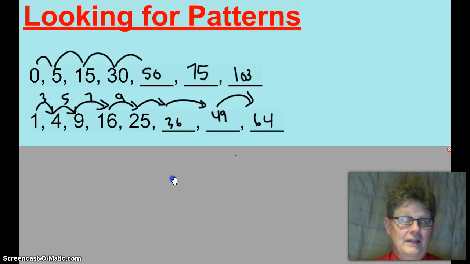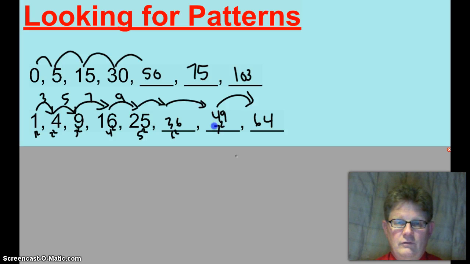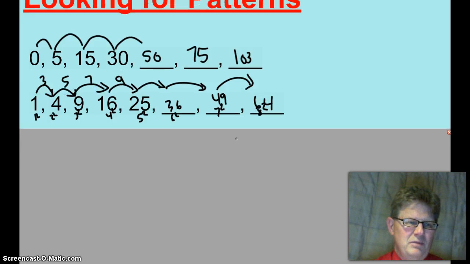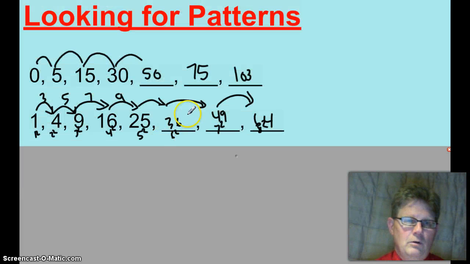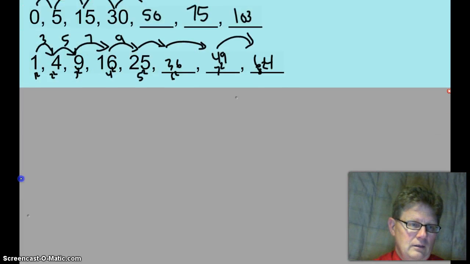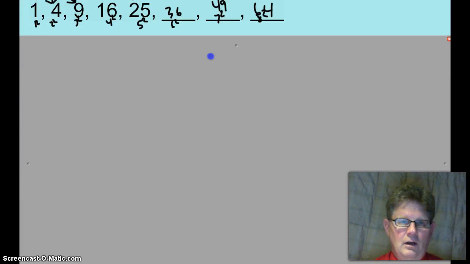And that pattern actually does work, but that's not the real pattern. This is 1 squared, 2 squared, 3 squared, 4 squared, 5 squared, 6 squared, 7 squared, and 8 squared. Bet you didn't see that one coming. Yeah, maybe you did. You guys are pretty smart. Alright, let's look at the next one.